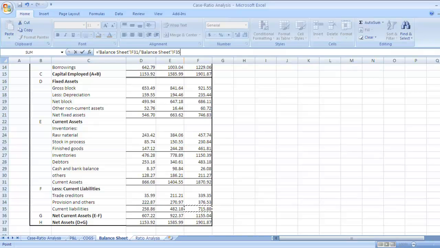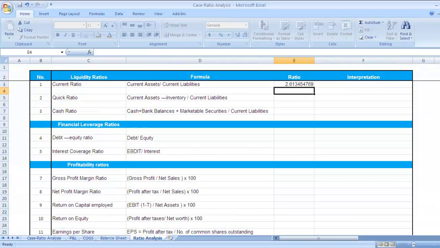If you look at total current liabilities, it is 715.88. Please remember, we are calculating it only for 2012. So put enter, and then you have here 2.61 of current ratio, shown as 261.